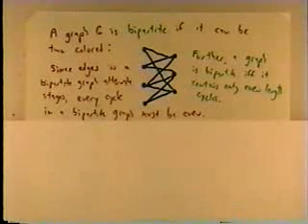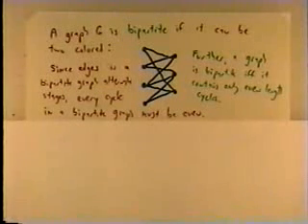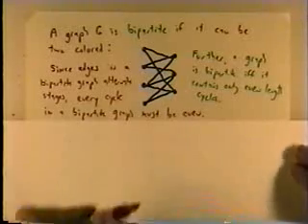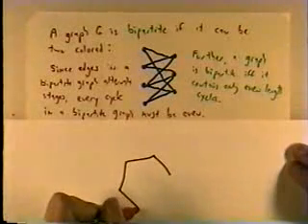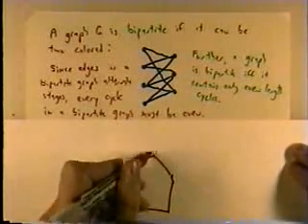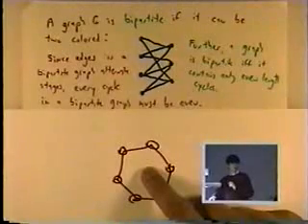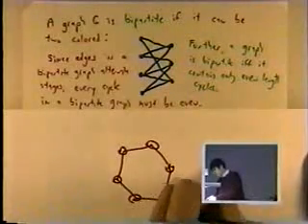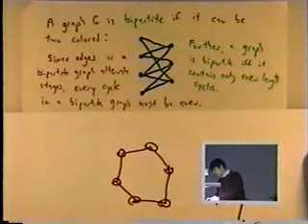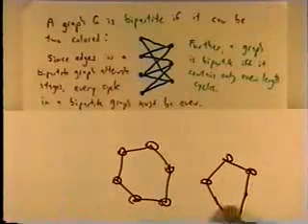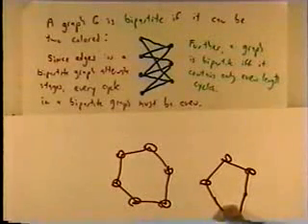Can we show that there's a two-coloring if there is an even length cycle? Well, if I have an even length cycle, 1, 2, 3, 4, 5, 6, I could color that with two colors arbitrarily, right? If I have another cycle, let's put it here, that's separate from that, I could color that with two colors arbitrarily.